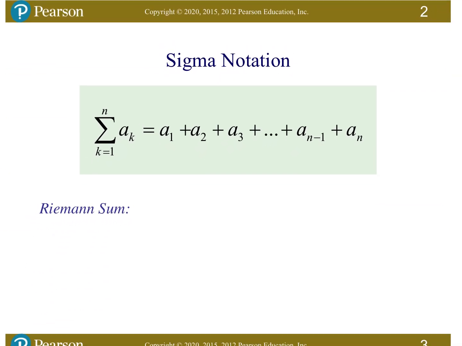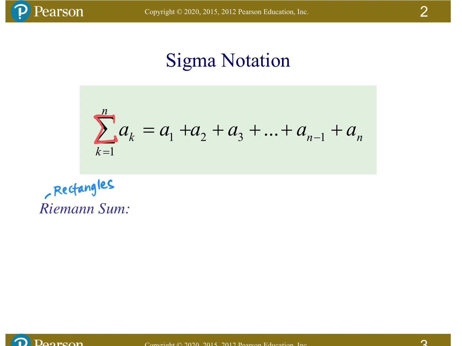A Riemann sum is basically, I always think of R with rectangles. It is the sum of either a defined or infinite number of rectangles. And we're looking at the area. And so we use the sigma notation. So that's the Greek sigma, which means summation.